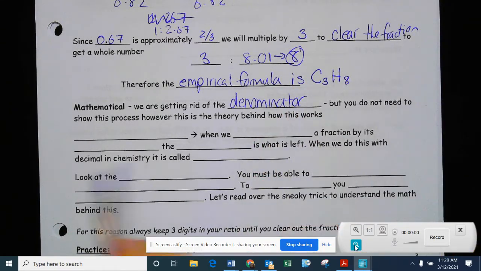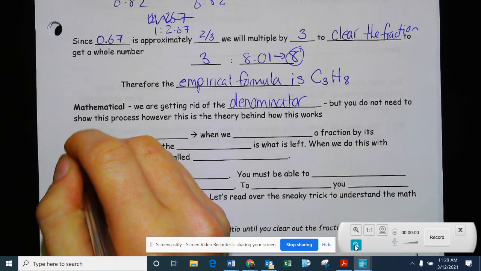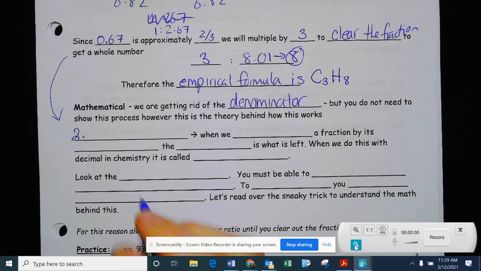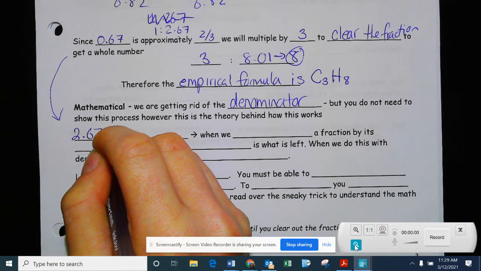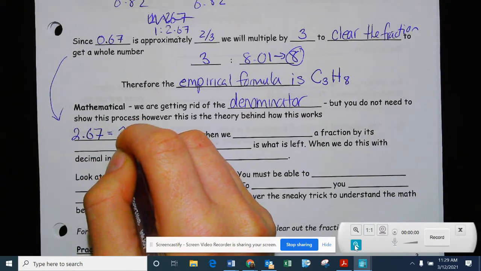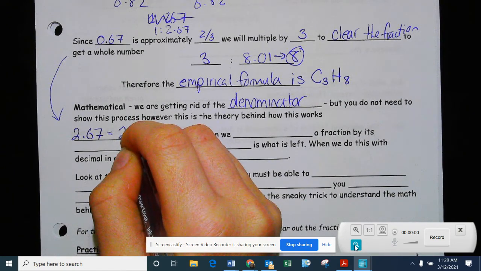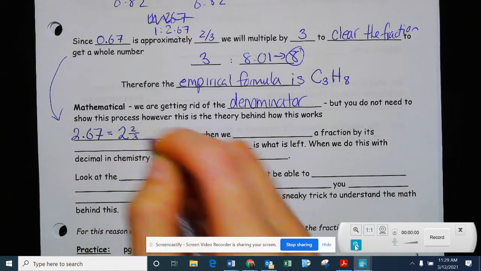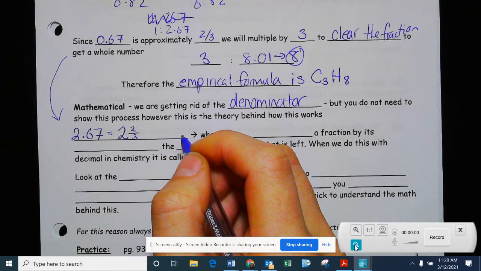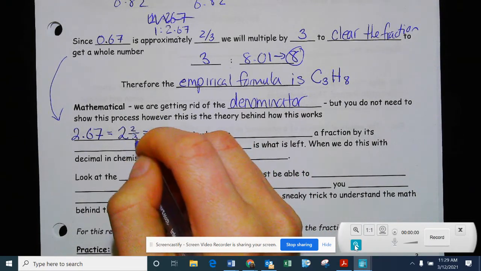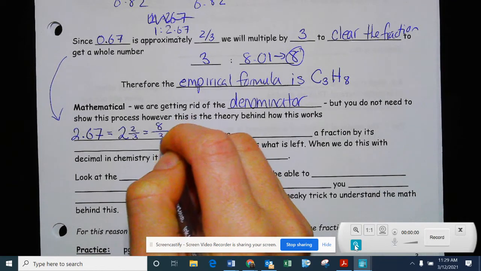Okay, so mathematically, we are getting rid of the denominator. You don't need to show this process, but the theory behind how we did that is 2.67 is about 2 2/3, which is 8 over 3.